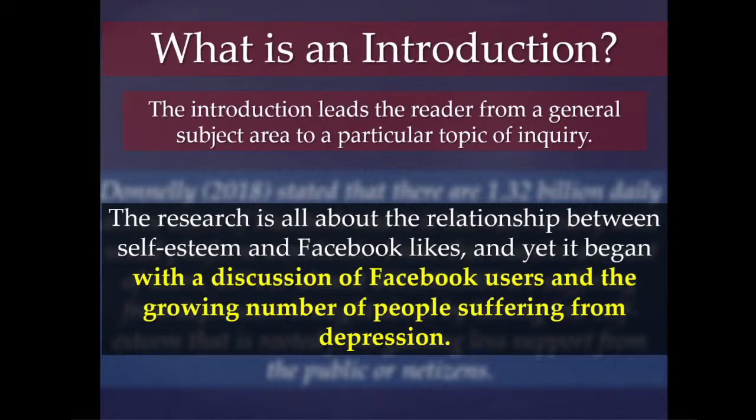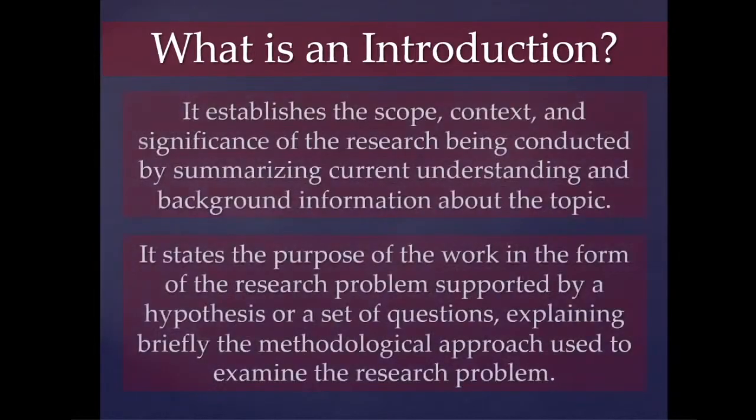Now, aside from introducing the general terms going to the specifics, the introduction establishes the scope, context, and significance of the research being conducted by summarizing current understanding and background information about the topic. Note that the scope and limitations and significance of the study are not the only components of the research paper that can delimit the scope and determine the context for the research that will be or has been conducted.